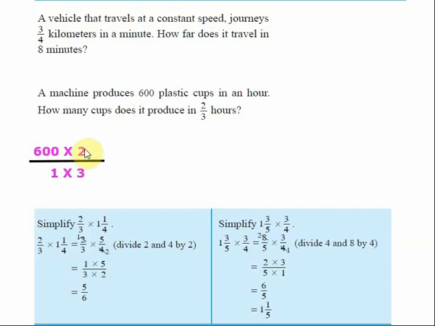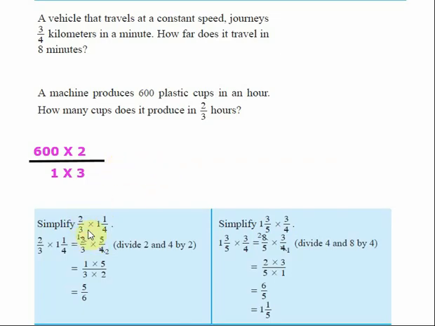Then 200 into 2 is 400. Here you get 1, right? 3 divided by 3 is 1. So 1 into 1 is 1, and the answer is 400 over 1. So obviously it is clear, right? For 1 hour it is 600, so 2/3 hour, which is less than 1 hour, can produce 400 cups.